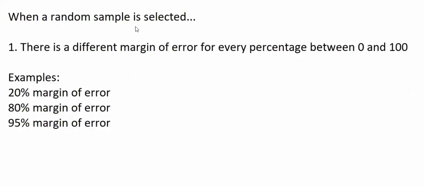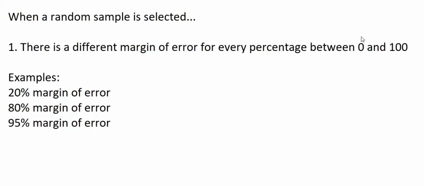So when a random sample is selected, there's a different margin of error for every percentage between 0 and 100. There's actually no margin of error for 0 and 100, but there's a margin of error for every percentage in between. For example, when a random sample is selected, there's a 90% margin of error, a 91% margin of error, and even a 91.3% margin of error.